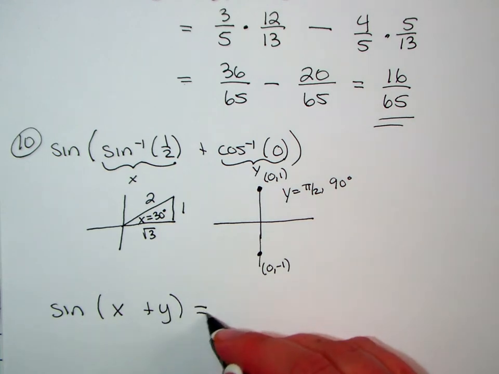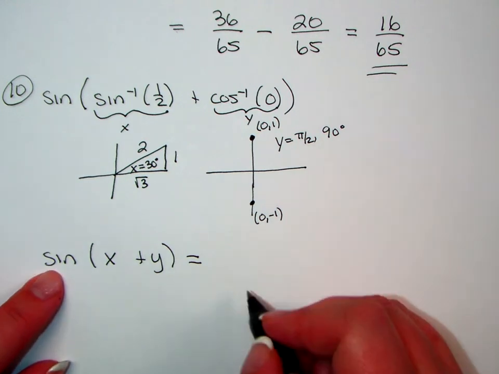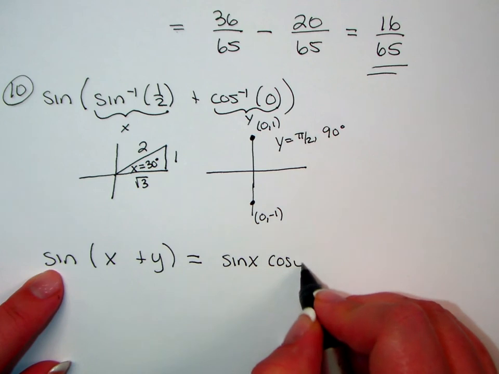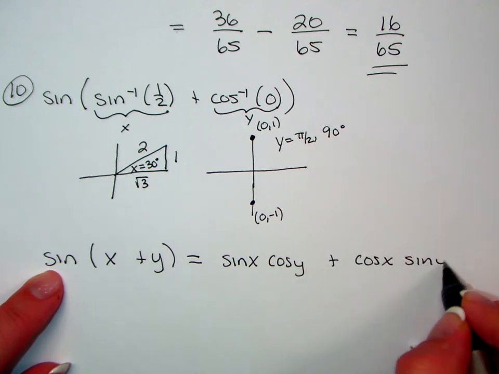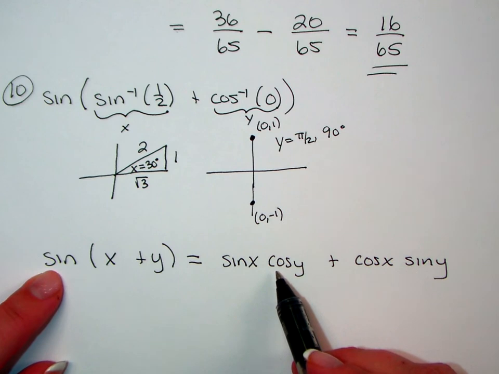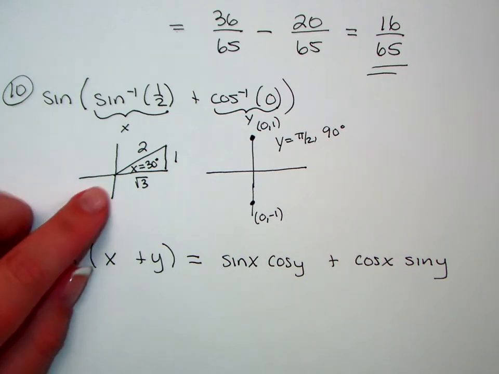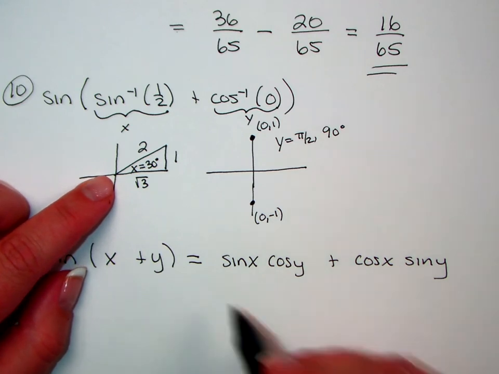So I'm going to use the sum formula for sine: sine cos plus cos sine. Sine of the first, cosine of the second, plus cosine of the first, sine of the second. And then I'm just going to use my triangles here to evaluate all 4 of those values.